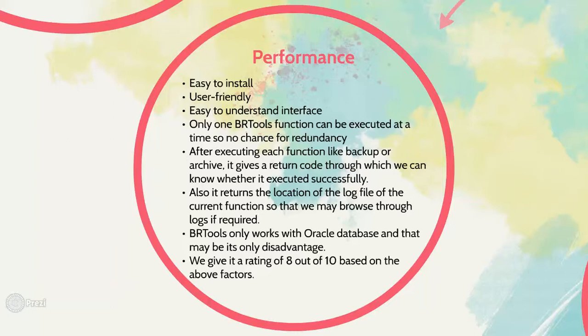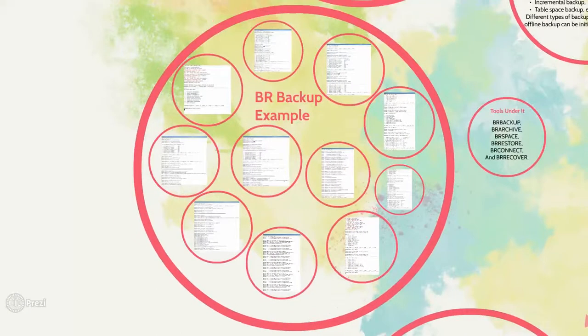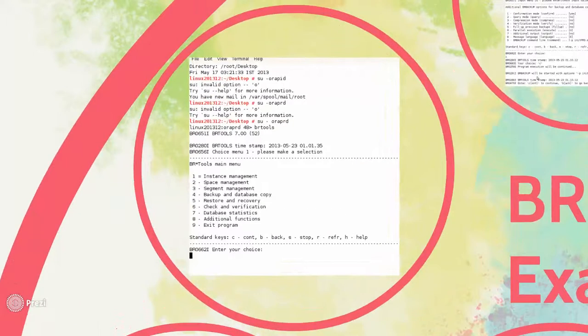I'm now going to show you an example of one of the functions of BRTools, BR Backup. So this is the first menu, the BRTools menu. From here, I'll just keep on showing exactly what happens when we make a selection.